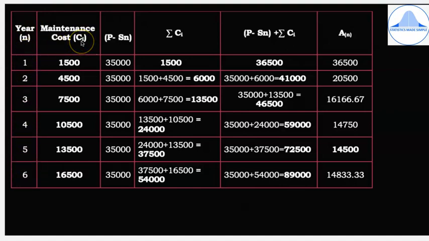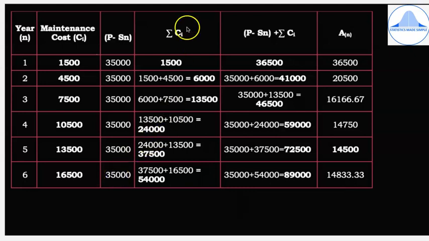The maintenance cost is Ci, which is 1,500, 4,500, 7,500, 10,500, 13,500 and 16,500. In the next column, we write down P minus Sn, which we calculated as 35,000. So for all the years, P minus Sn will be 35,000.